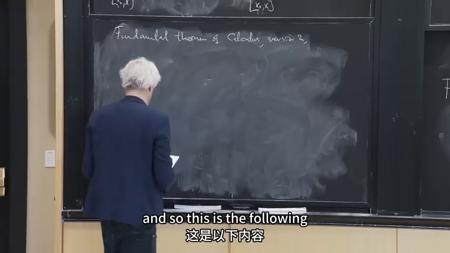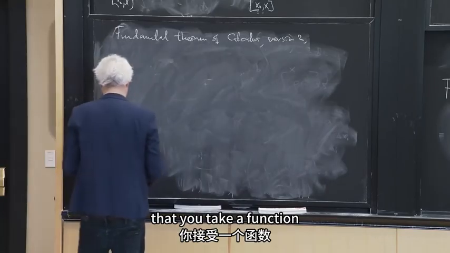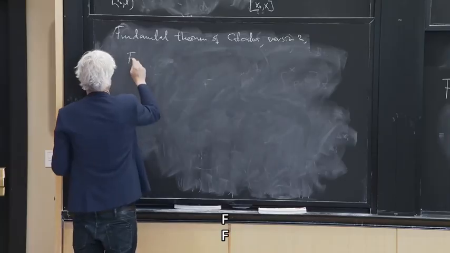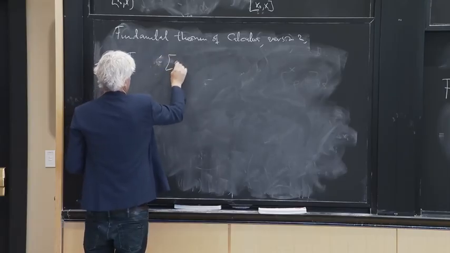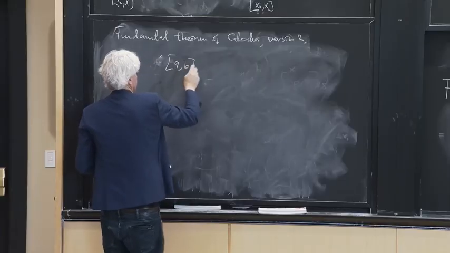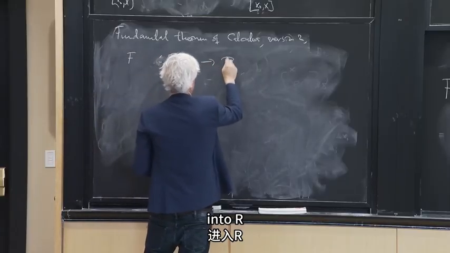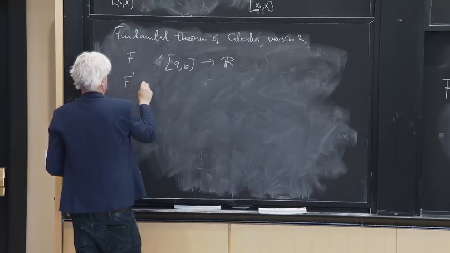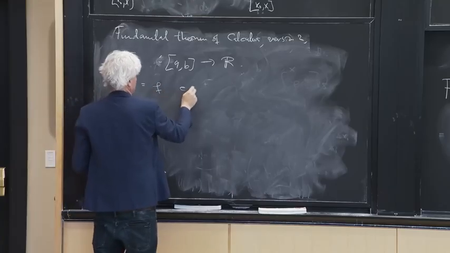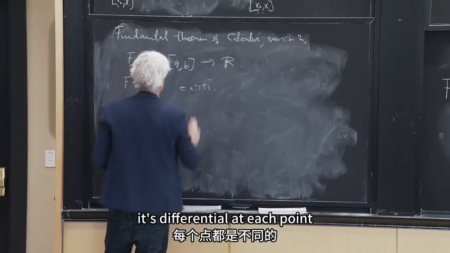And so this is the following: you take a function f that is defined on some interval from a to b into R, and capital F is differentiable. So this here exists. It's differentiable at each point.